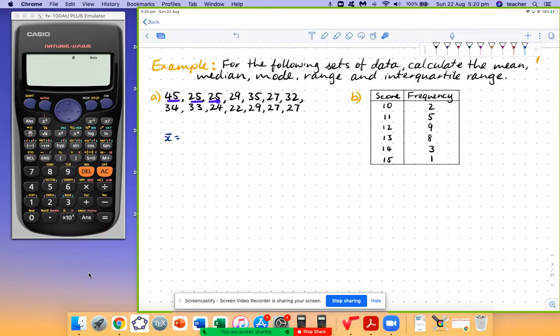So I've got 1, 2, 3, 4, 5, 6, 7. So that's going to be 14 numbers altogether. This is going to be a crazy calculation. 45 plus 25 plus 25 plus 29 plus 35 plus 27, 32, 34, 33, 24, 22, 29, 27, 27.